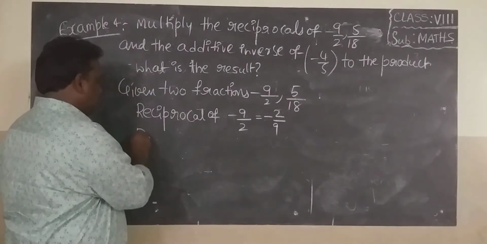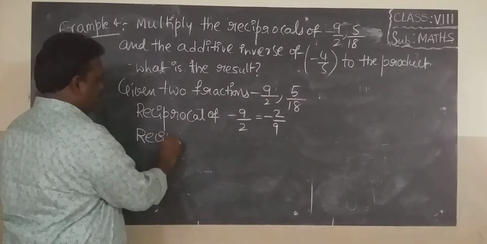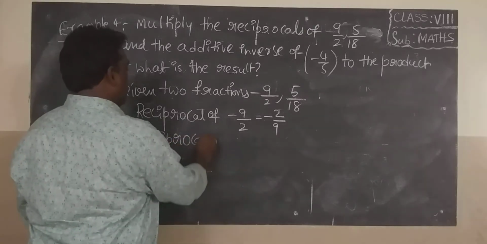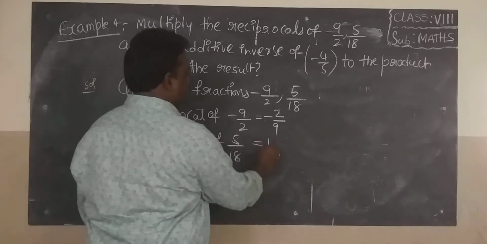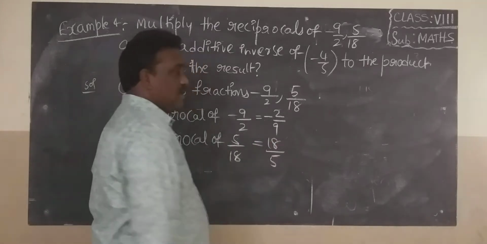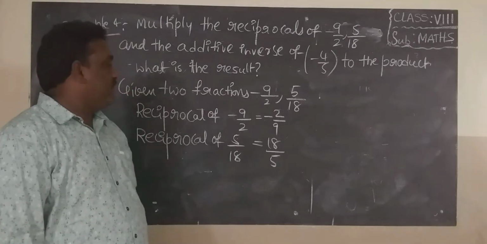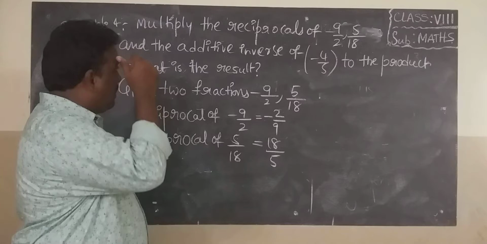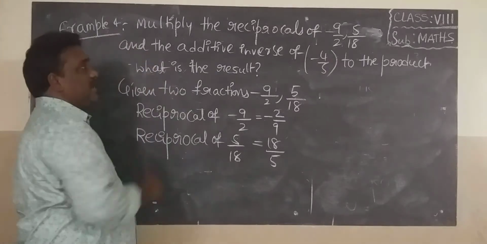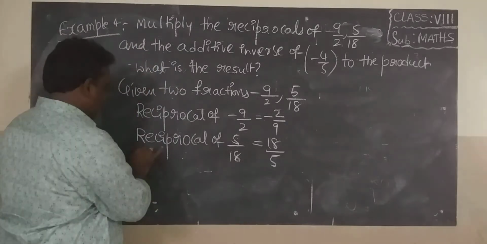Then, reciprocal of 5 by 18 equal to what? 18 by 5. Then what to do? Multiply means product.